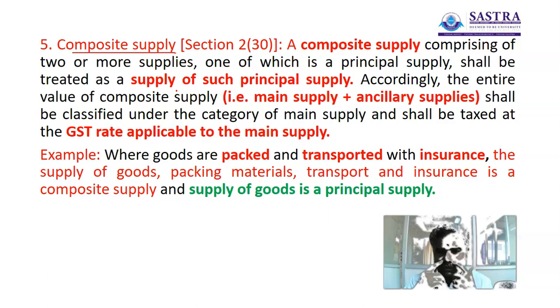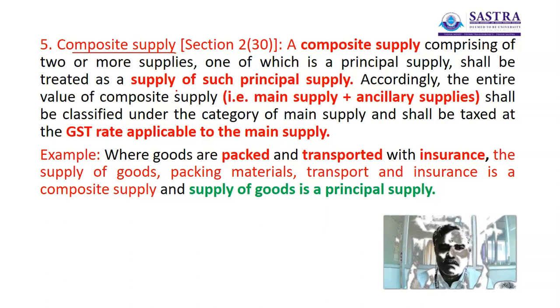Take for example, you are traveling by train. You are going to Chennai or Delhi by train. Whenever you book your ticket, insurance is also part of it. Insurance is ancillary. The railway ticket is primary. So when you travel, your insurance is also covered.